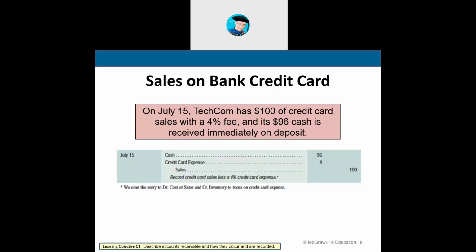Another example, let's say you're a Costco member. I go to Costco, that's how I know. Costco only accepts Visa. They do not accept MasterCard, American Express, or Discover. Why is that, you might be wondering?